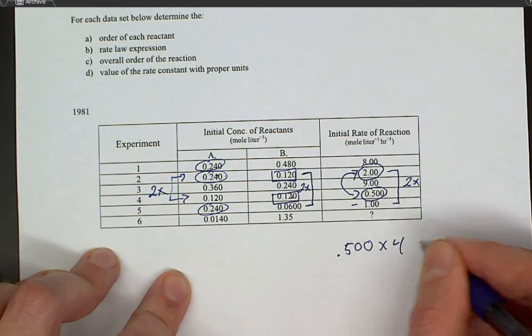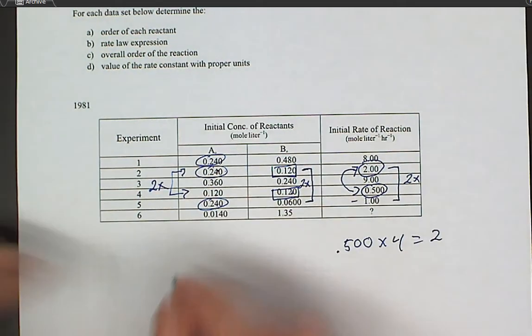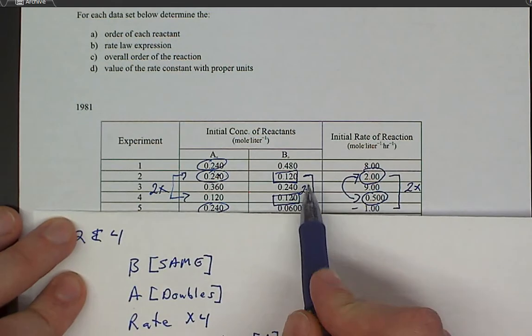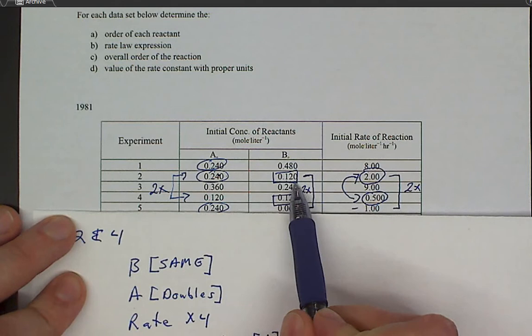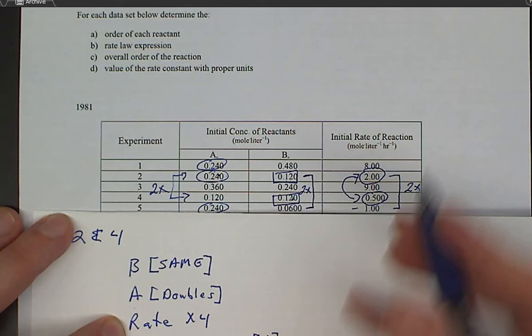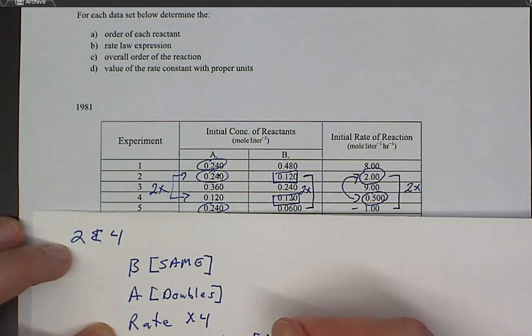All right, so in this case, I've got a little bit different statement. I'm keeping B the same at the 0.120. A is doubling, and the rate responds by quadrupling. Therefore this is second order in regards to A. Put a little 2 up there.